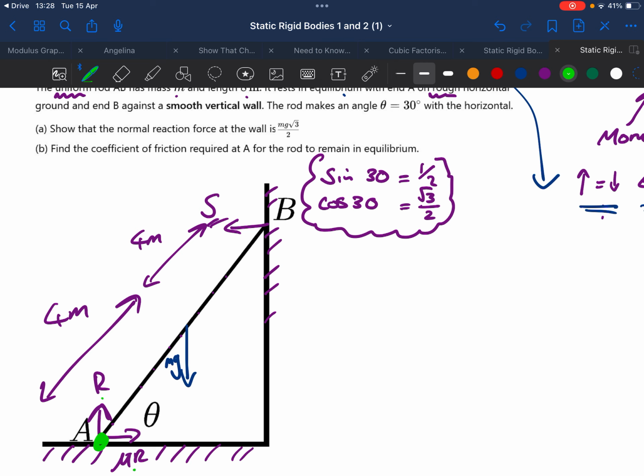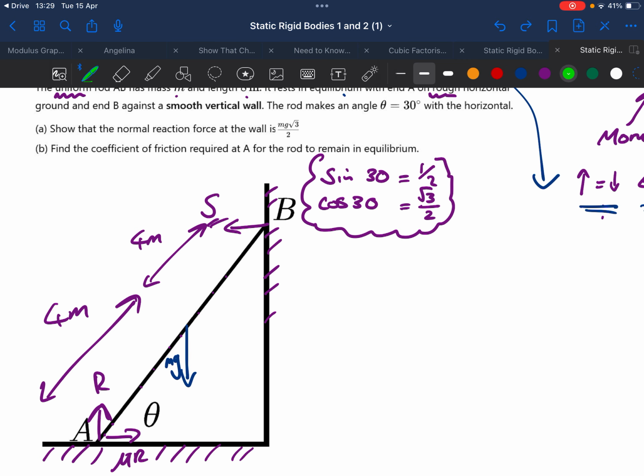And the reason for this is when you calculate moments, the calculation has distance, and these have a distance of 0. So you can effectively just ignore these ones, which leaves you a question that would have just those 2 forces there. So because I can see mg, and S is the thing in question, I'm going to start with moments.